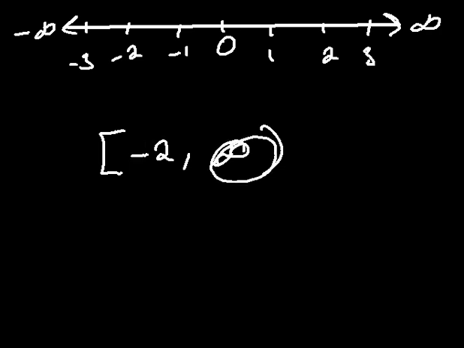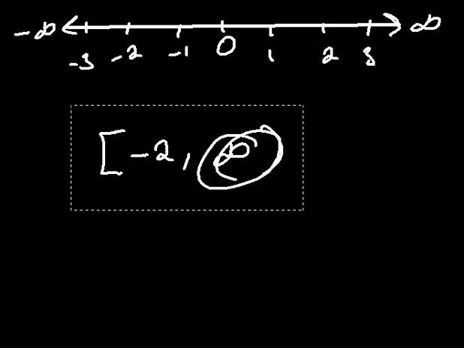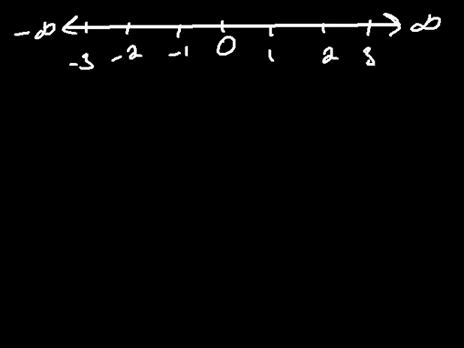And infinity always has to be presented using open brackets, because infinity does not specify a real value. It is just a very big number that we cannot think of. So infinity always has to be presented using the open brackets.